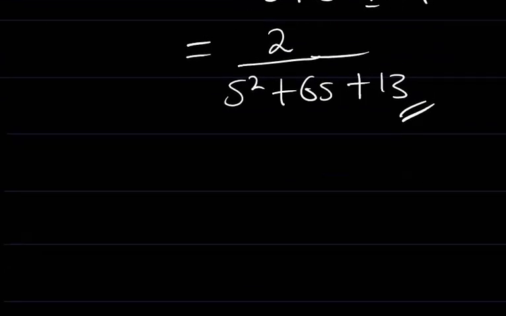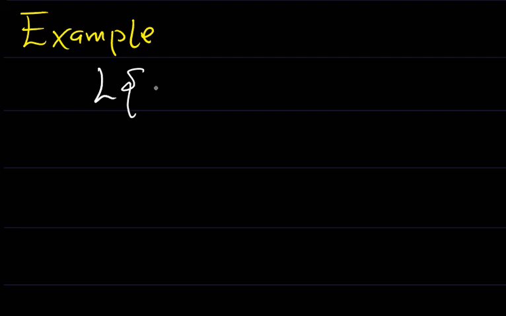I can actually bring more examples. For example, if you are being asked to evaluate the Laplace transform of the exponent of minus 2t of this function, let's say t raised to the power of 3.